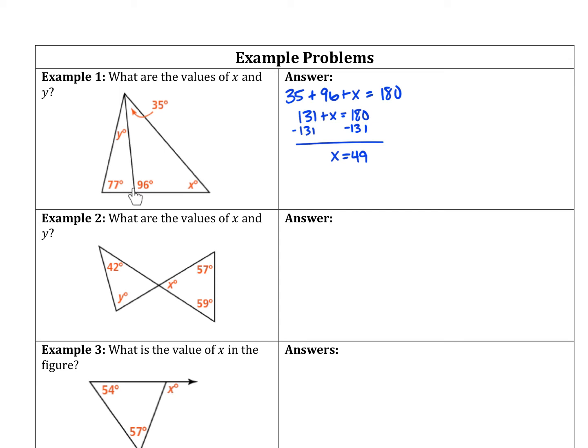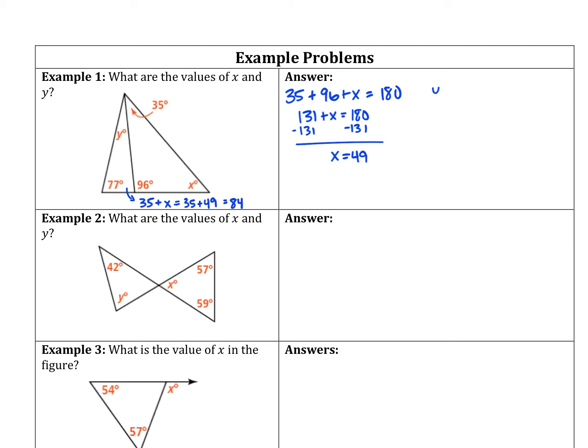Let's go that route. I notice that this angle right here is an exterior angle of my medium triangle. So that angle's measure should be equal to this angle plus this angle added together. So I'm going to say this angle right here should be 35 plus x, which means it should be 35 plus 49, which means that should be 84 degrees.